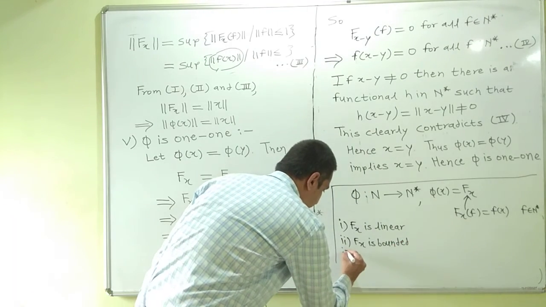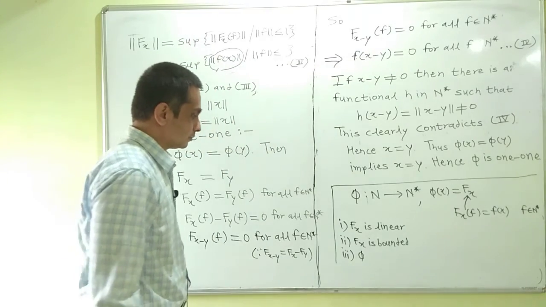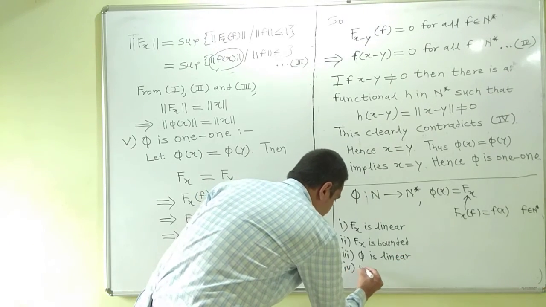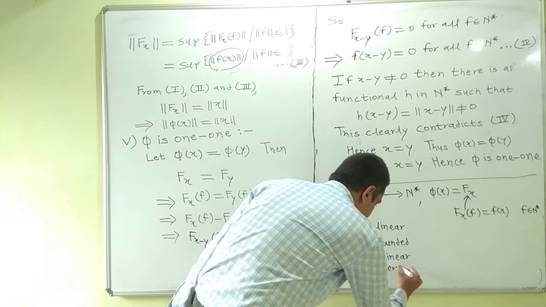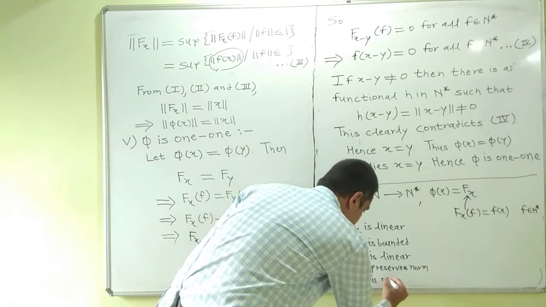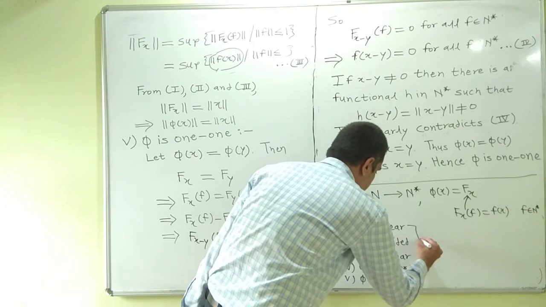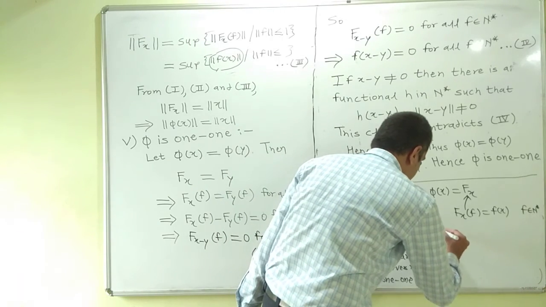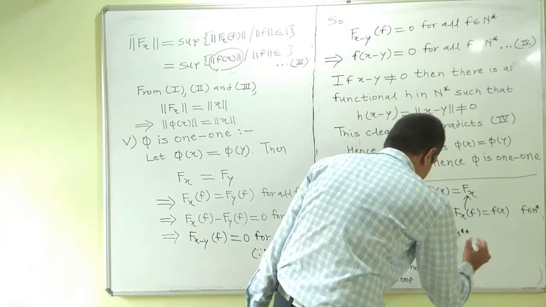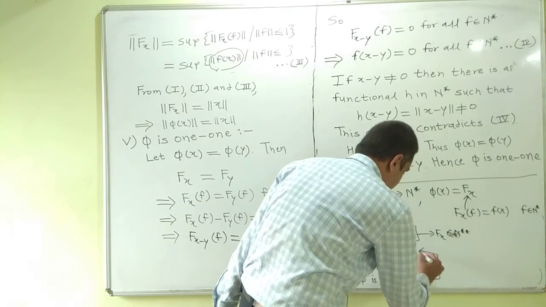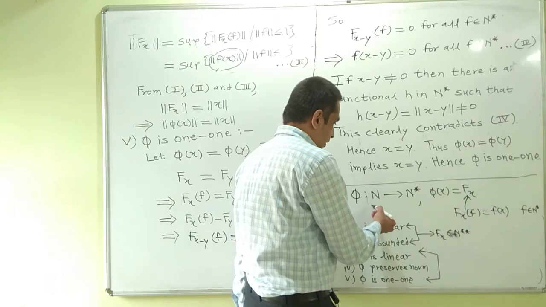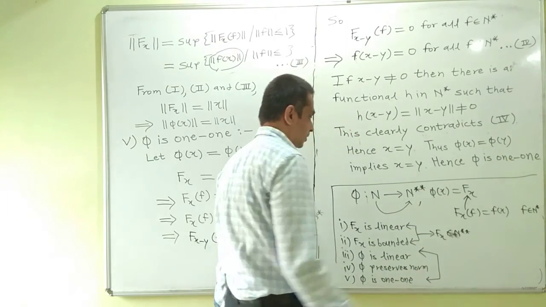In the third property, we proved that phi is linear, phi preserves norm, and finally we proved that phi is 1-1. So the first two properties verify the fact that fx is in n star star, and the last three properties give us the main result that n can be isometrically embedded into n star star.